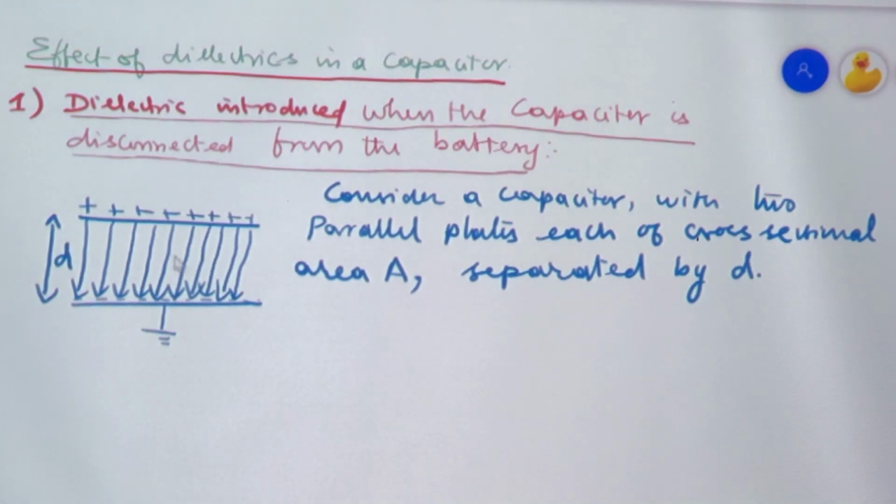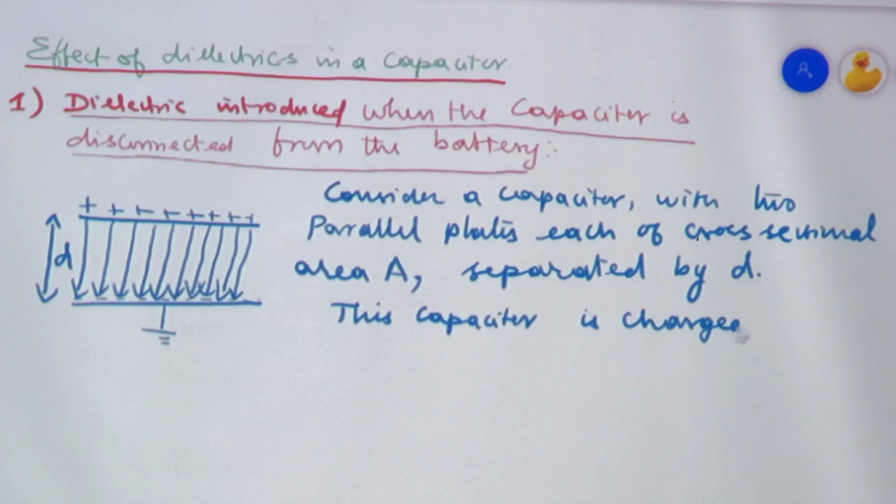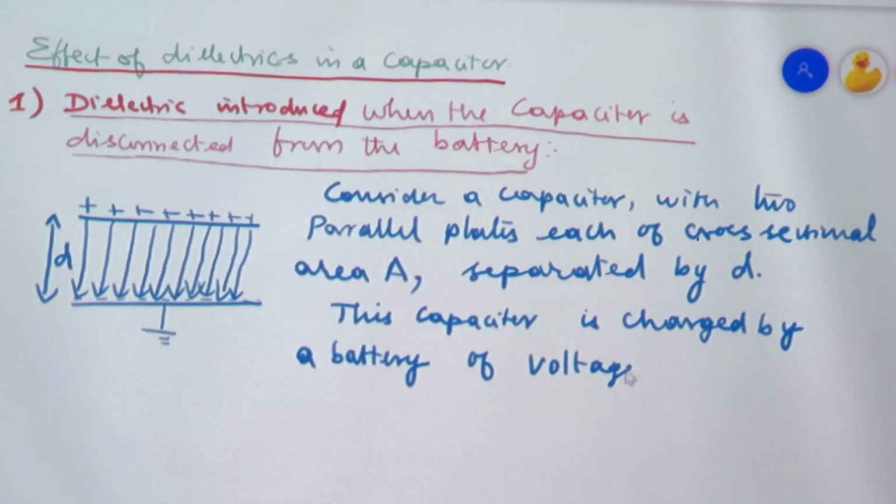Between the two plates, you apply a voltage and charge this capacitor. So I am writing: this capacitor is charged by a battery of potential, or voltage, V0.